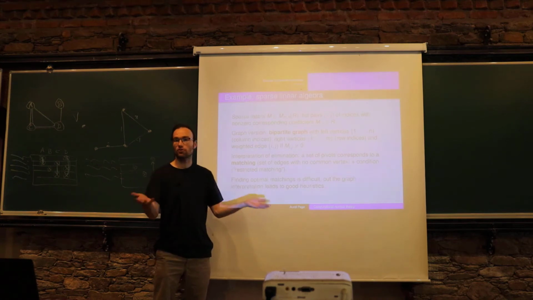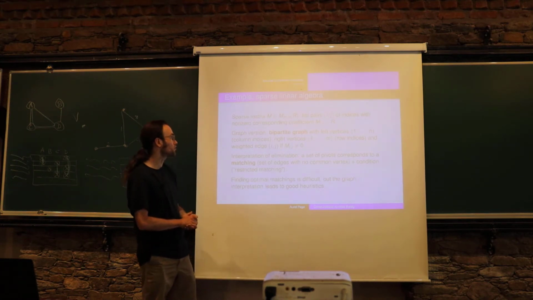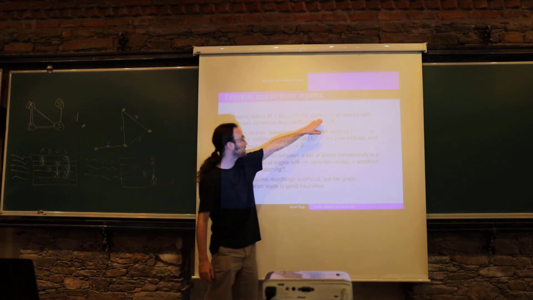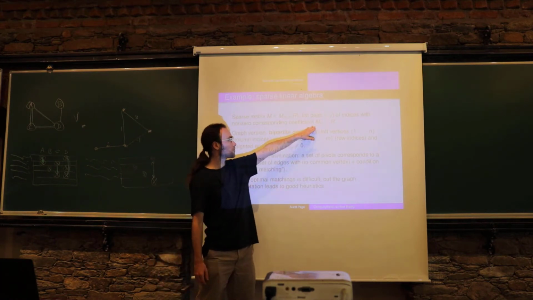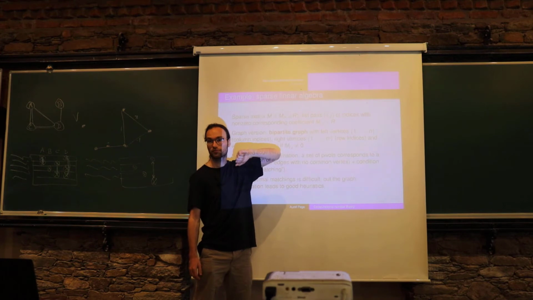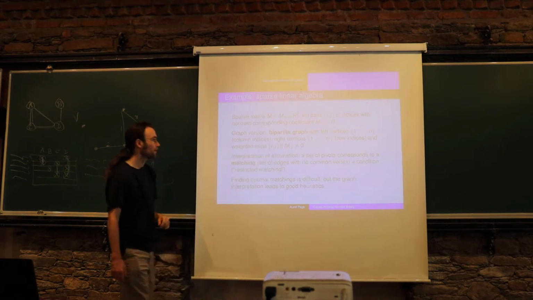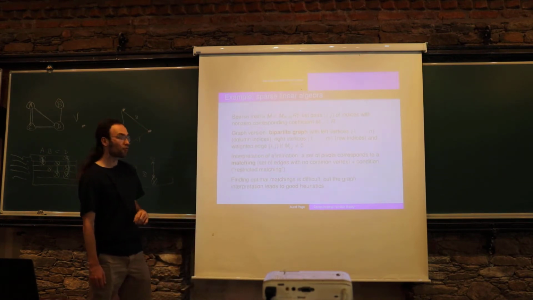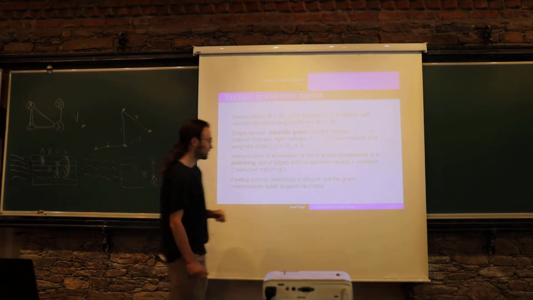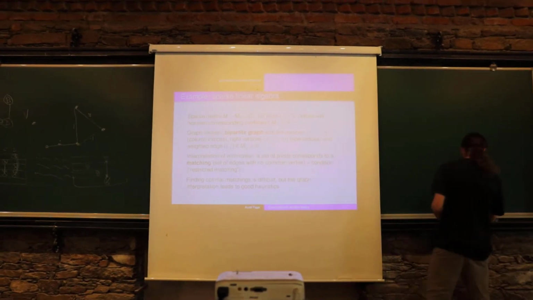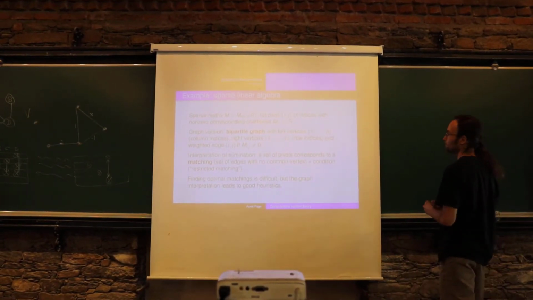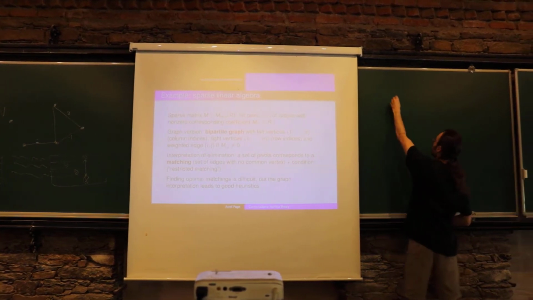You will only store the list of non-zero coefficients. That's enough information. So you list pairs of indices and the corresponding non-zero coefficient of the matrix. And the graph way of thinking about this is as follows.